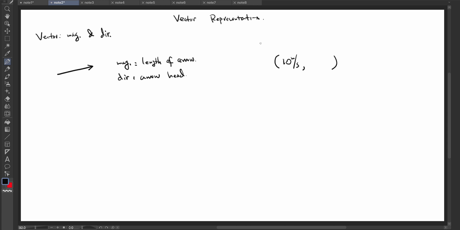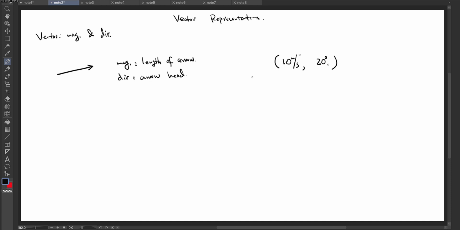Now the right side here will represent the direction, right? The first one is the magnitude. Now this one is the direction. Then we want to say some angle, let's say 20 degrees.